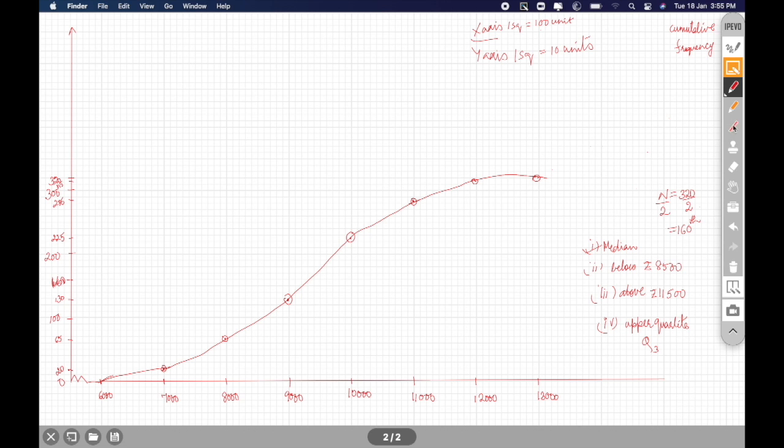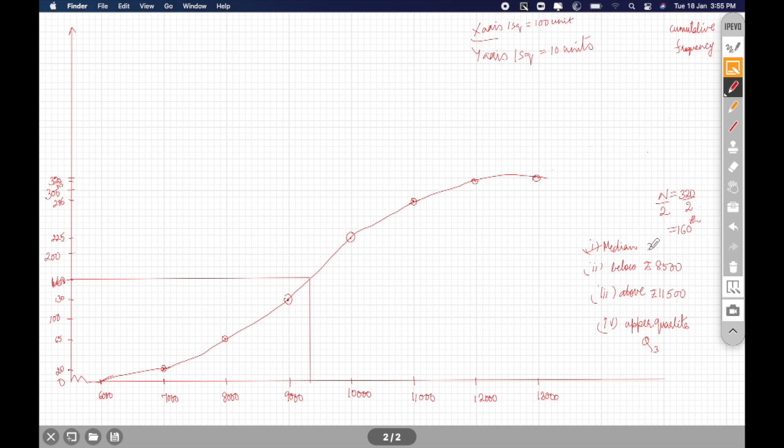Now we have to use a ruler to draw a line from 160 on the y-axis parallel to the x-axis, touching the ogive at a point, and then from this point on the ogive we have to drop a perpendicular to the x-axis, and I can see the median is approximately equal to 9,100, 200, 350.